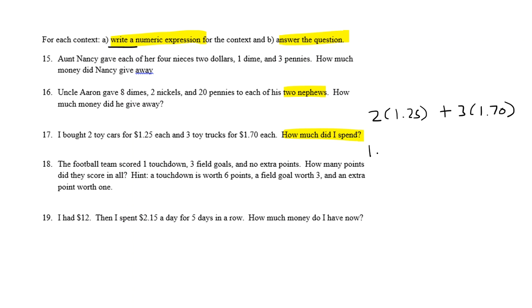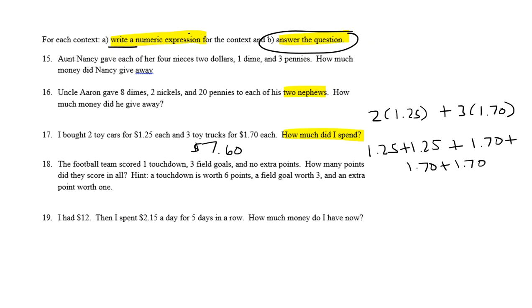Or you could say 2 toy trucks for $1.25 each, 2 toy cars for $1.25 each, and 3 toy trucks for $1.70 each. And either way you do this, when you actually do the math, you end up with the same answer. And that answer would be $7.60. Okay? So remember, for each of these, you're writing a numeric expression and you're answering the question.